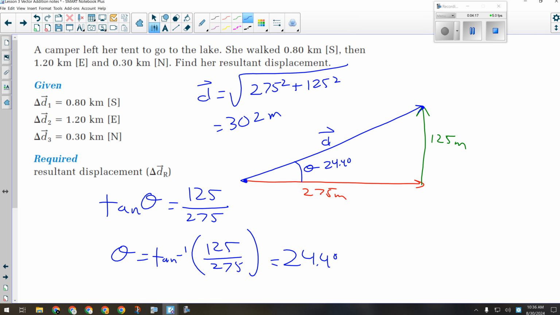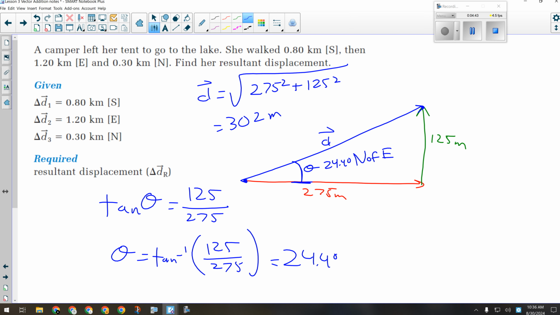I don't know which way that 24.4 degrees is going. So what I need to say is, here's the angle that I drew. I'm measuring it from this direction, which is east, and going which way from there? North. So this is north of east.